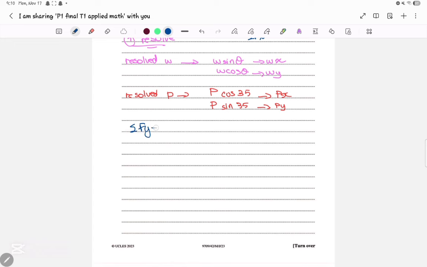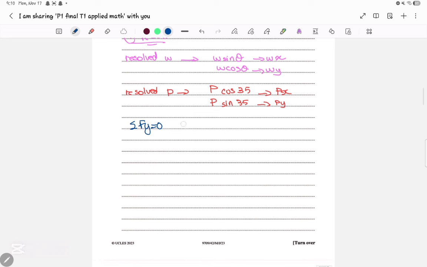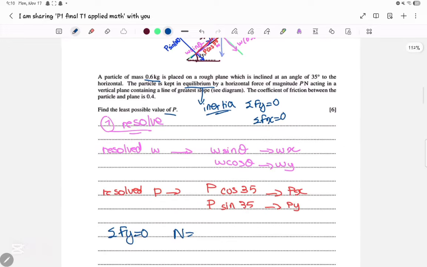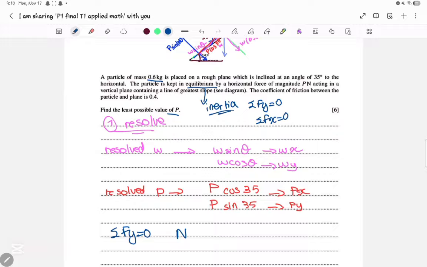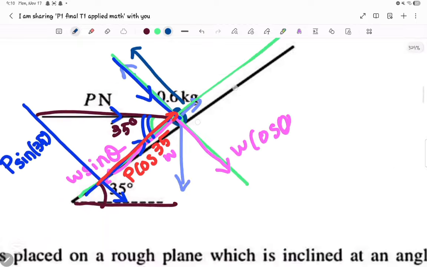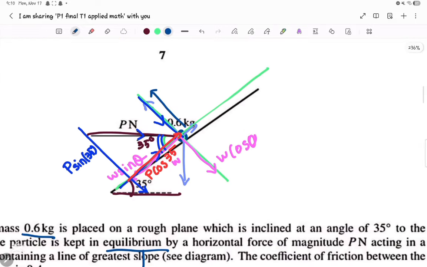If sigma Fy is equal to 0, what would this mean? This would mean that my normal push N is equal to what? First of all, how is it acting? It's acting upwards, right? My normal push N is the only force on the y-axis acting upwards.